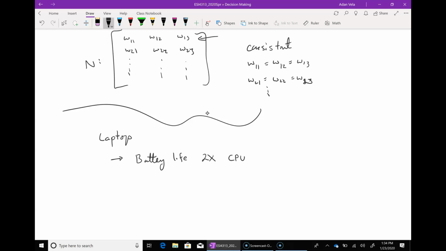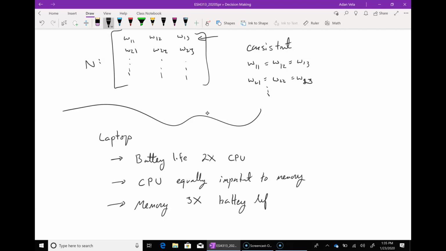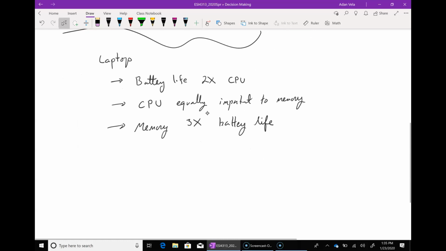They also said that CPU was equally important as memory. And finally, they said memory was 3 times more important than battery life. So we asked some folks these questions, and these are the responses that they gave us.